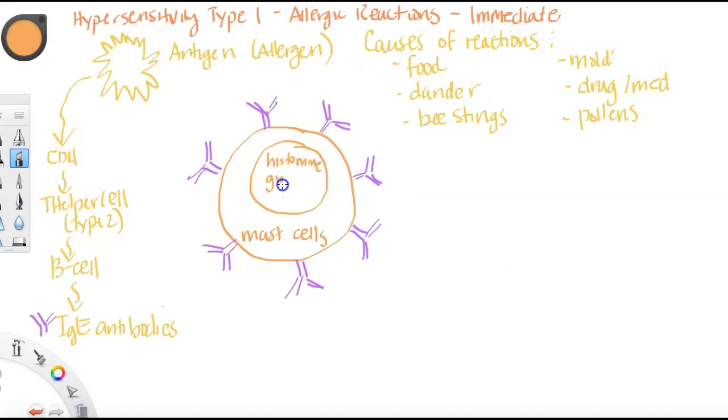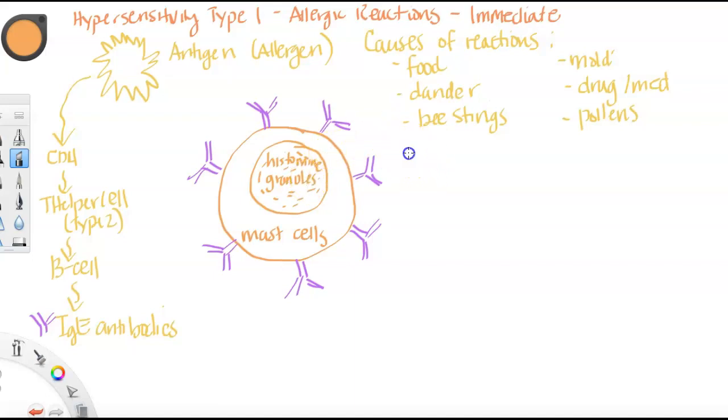So histamine granules. Okay, so that's what they contain. And during this initial sensitization, we have these IgE antibodies bind themselves to these mast cells.